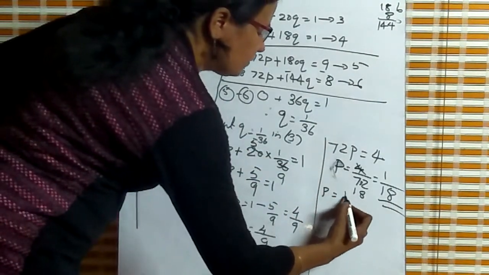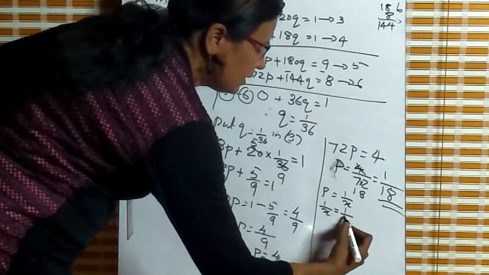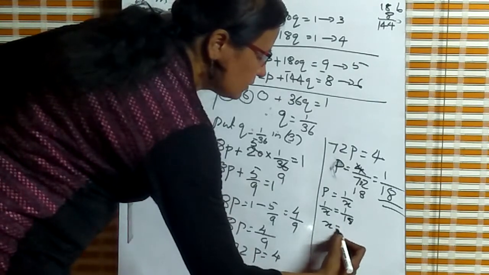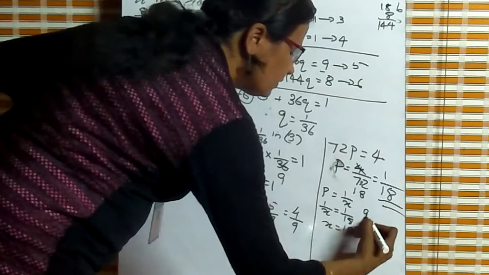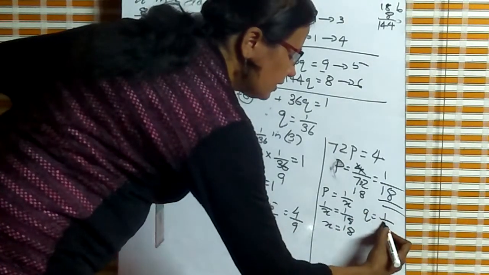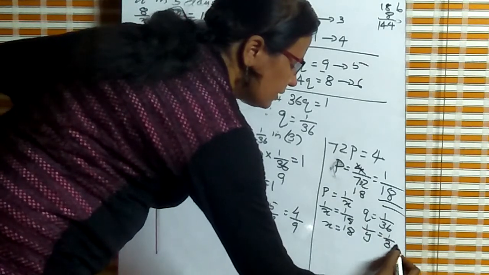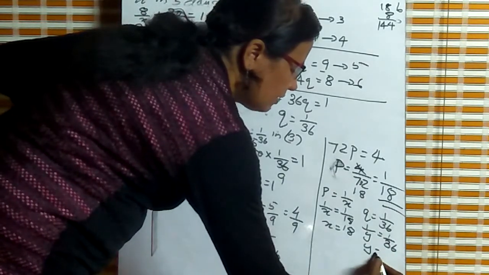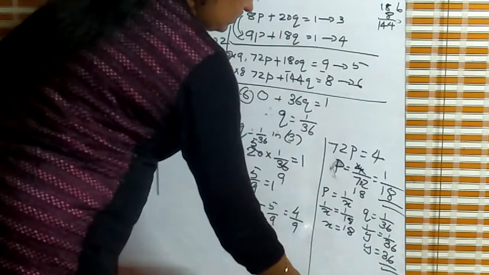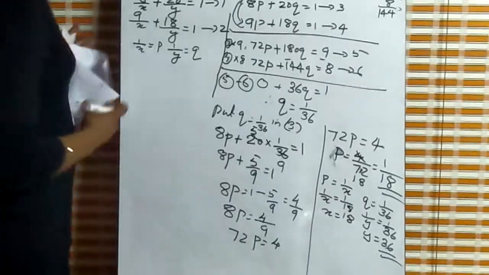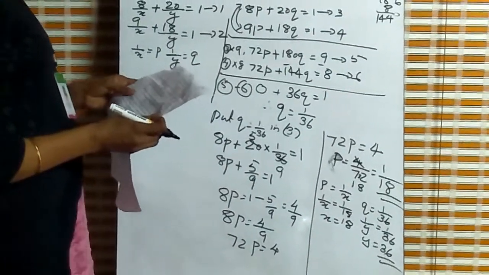But we know that p is equal to 1 by x. So 1 by x is equal to 1 by 18. Therefore x is equal to 18. And q is equal to 1 by 36, so 1 by y is equal to 1 by 36. Cross multiplication, y is equal to 36. So the value of x is equal to 18 and y is equal to 36.